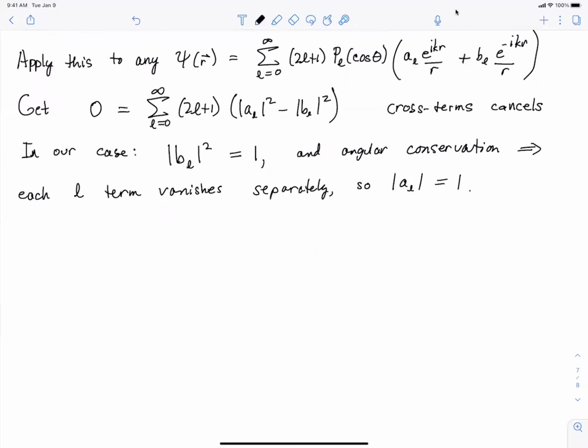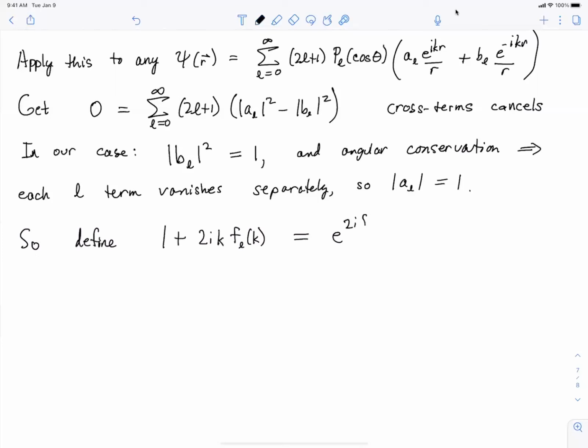I did skip a couple of steps there, but it basically says we can define this quantity 1 plus 2ik F_L of k. F_L of k are the things we want to know from the potential. It's a pure phase, so we can define it as e to the 2i times some number.